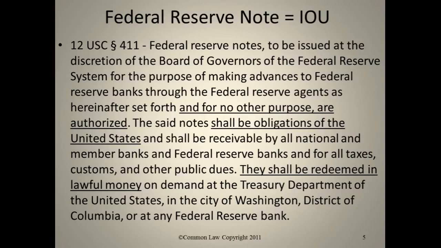So they're evidence of debt. And they're not authorized for use for anything except for the Federal Reserve banks. So, again, do you know who you are? Do you know what you're doing? Most people are so ignorant, they don't have a clue. And they go and sell themselves down the river, and then they wonder why they're a slave.